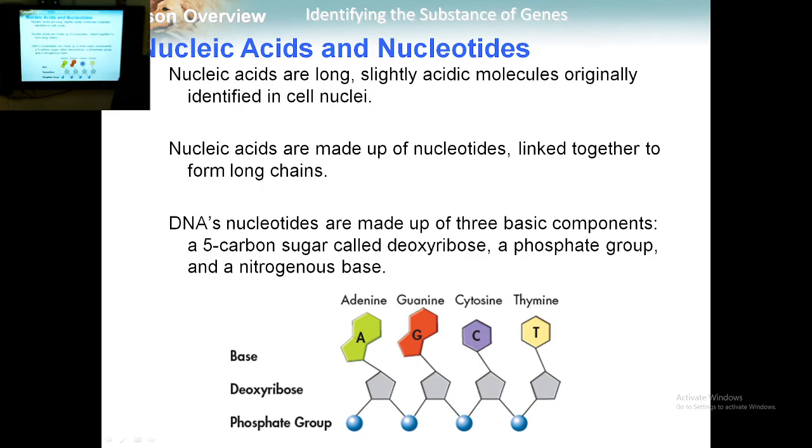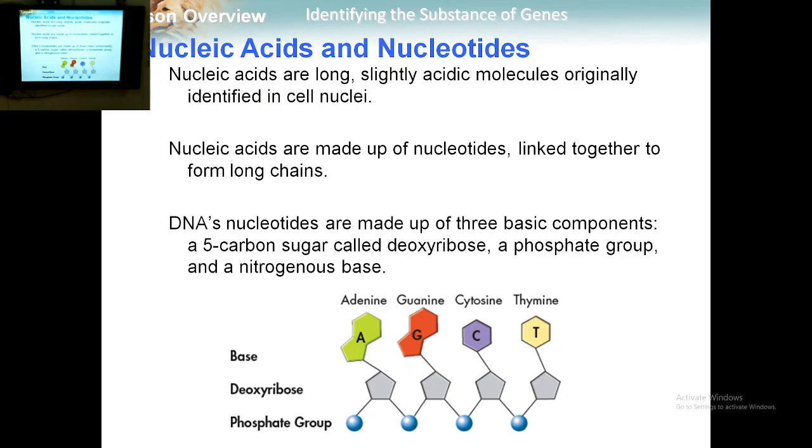As we learned last lecture, the DNA is the genetic material. The main component of the DNA, the nucleic acids, are long, slightly acidic molecules originally identified in the cell nuclei. So where can we find the DNA or the nucleic acids? You have to know this information.